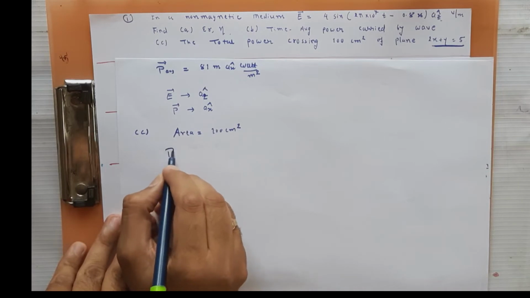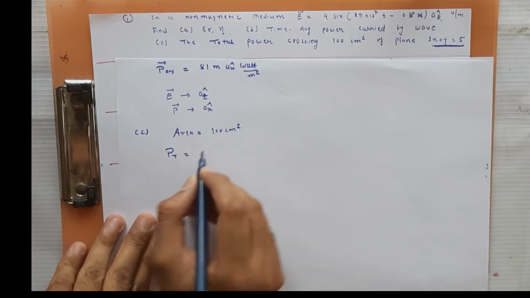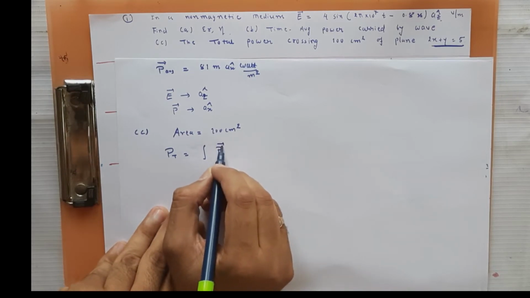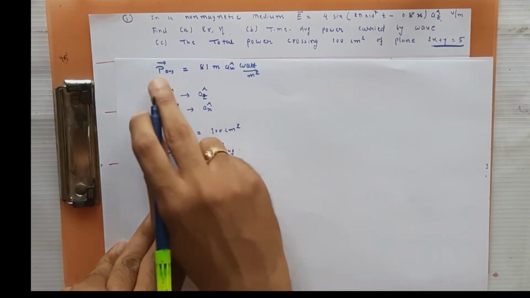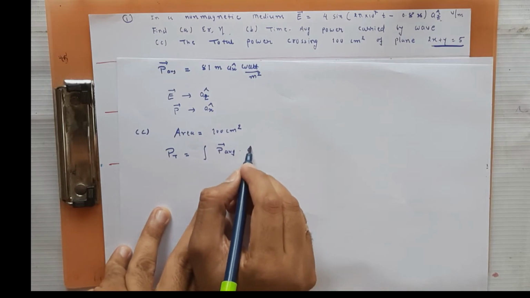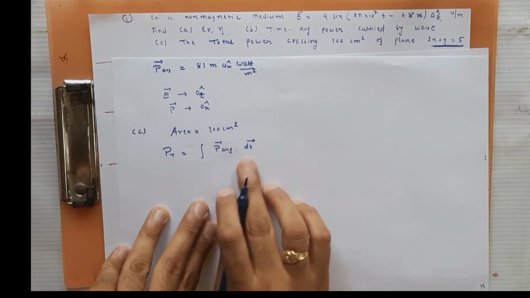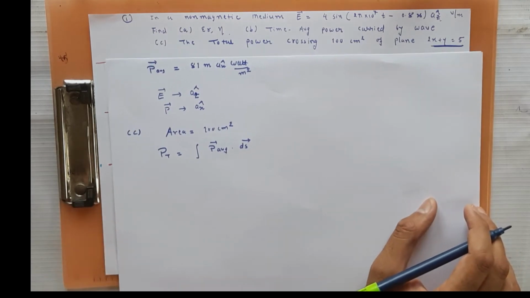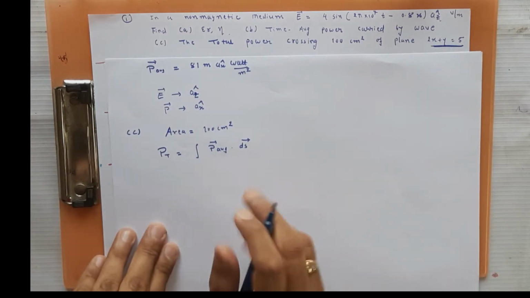So the total power P total is equal to the surface integration of P average dot ds. We know that a surface is a vector quantity, a line is a vector quantity, but a volume is a scalar quantity, so I have to take the surface as a vector quantity.